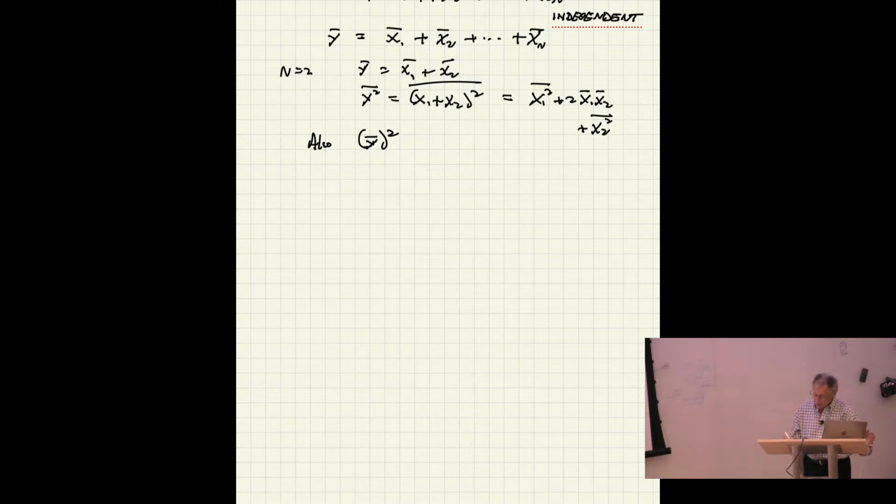I'm going to get the quantity x1 bar plus x2 bar squared, which is equal to x1 bar squared plus twice x1 bar, x2 bar, plus x2 bar squared. Those are all first moments.